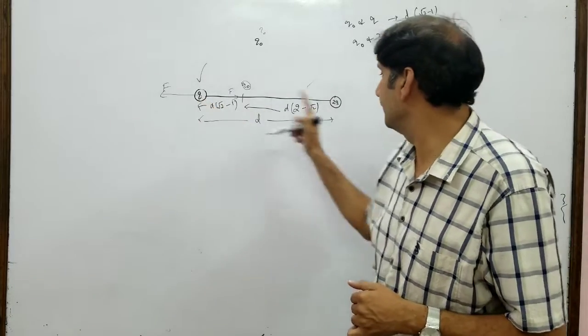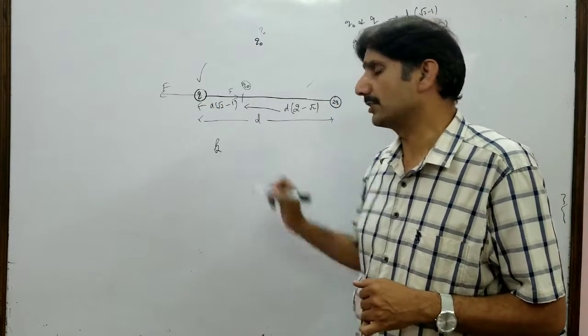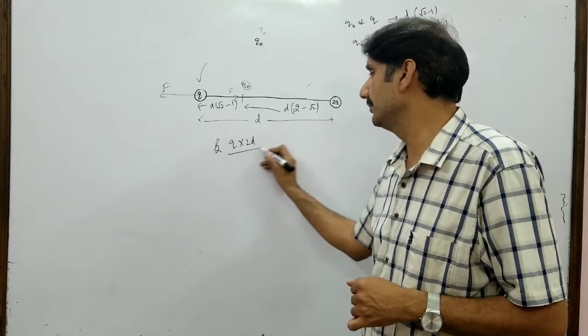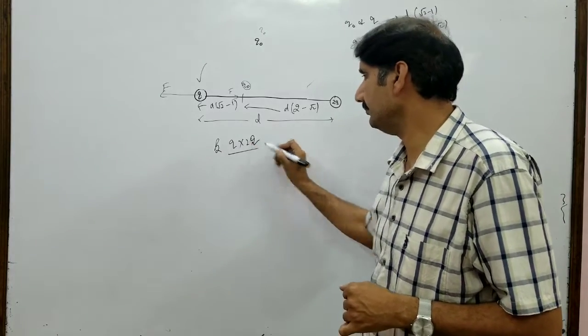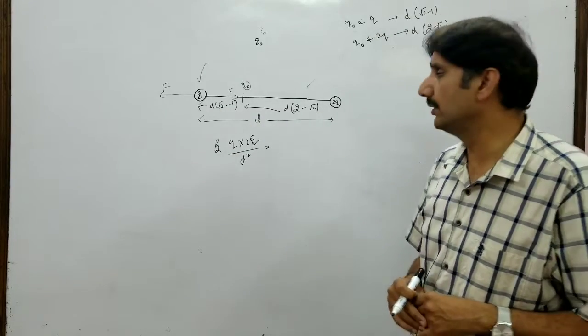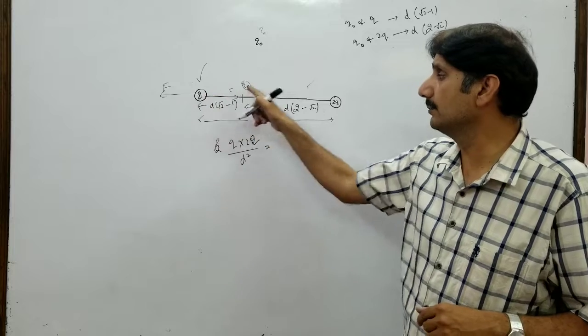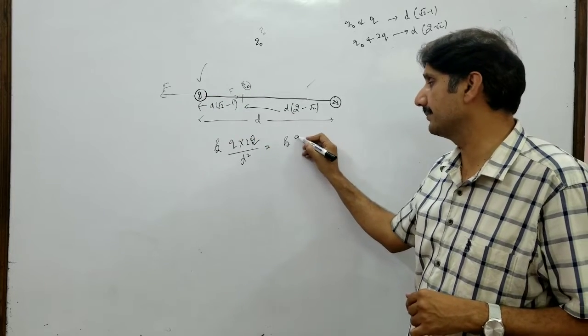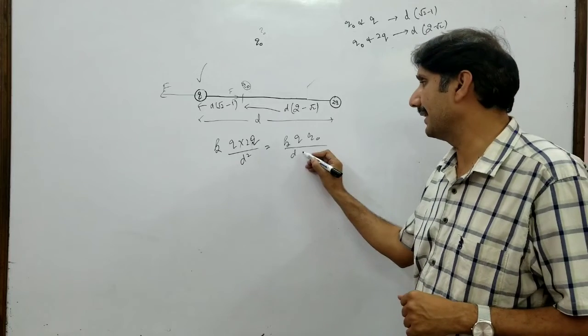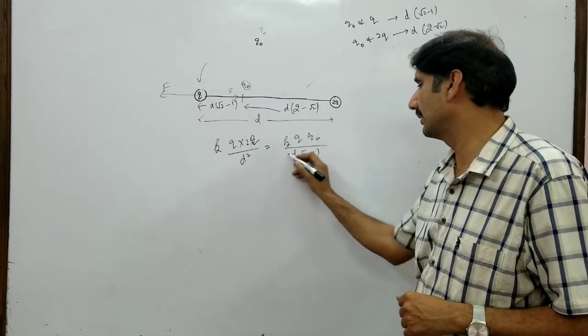So what is the force between Q and 2Q? It will be the constant of proportionality K times Q times 2Q divided by distance squared. That has to be equal to the force exerted on Q by Q0, which is K times Q times Q0 divided by d times root 2 minus 1 whole squared.